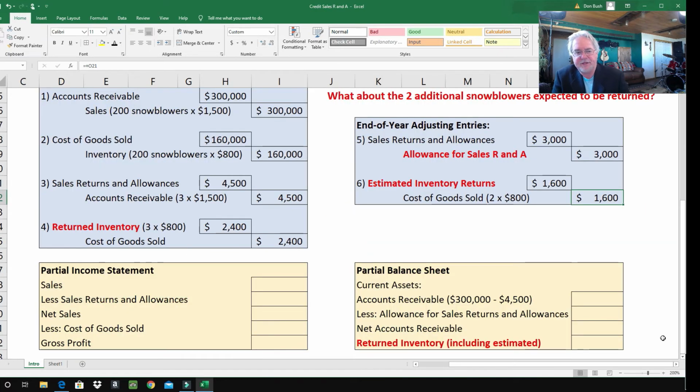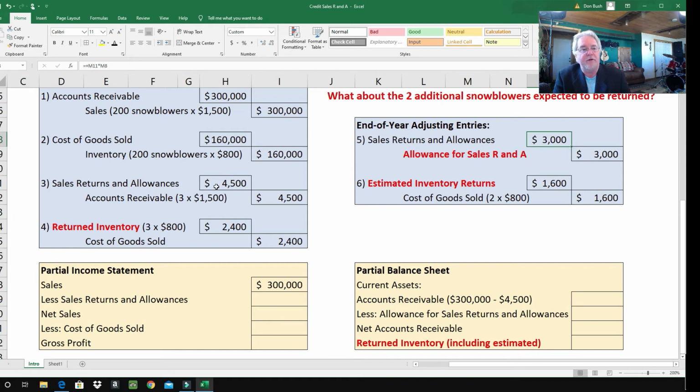Coming down to the income statement and balance sheet. So let's see what the sales were. Sales were $300,000, less sales, returns, and allowances. Fred had 3 snowblowers returned at $4,500, and Fred expects another 2 snowblowers to be returned for $3,000.